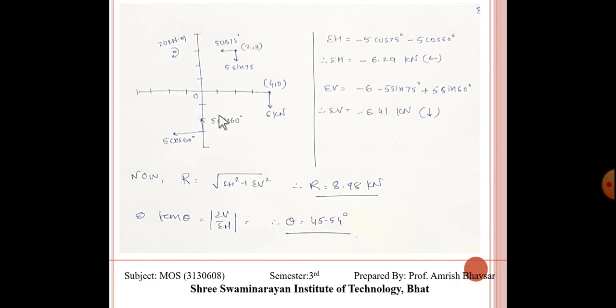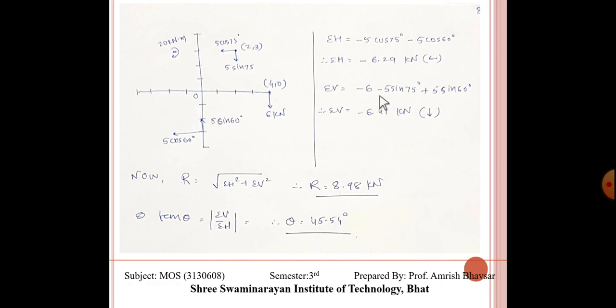Sigma h is equal to minus 5 cos 75 degree, leftward. Again this is minus 5 cos 60. So sigma h is equal to minus 6.29 kilonewton, so it is leftward. Now sigma v: this is downward, so minus, this is again downward, so it is minus, and this is upward.